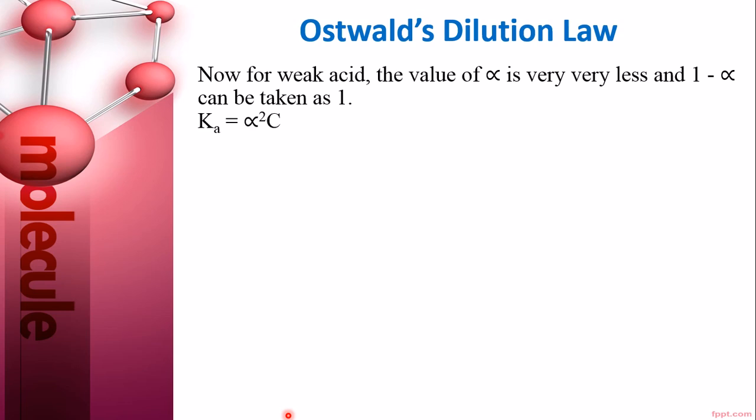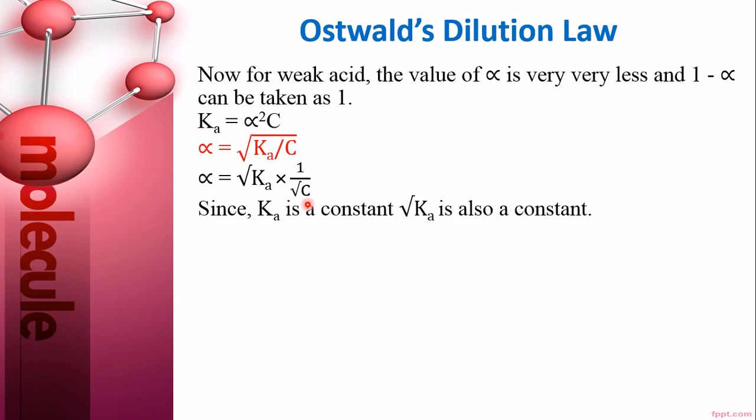So this equation we can write Ka equals alpha square C. From there we can write alpha equals root over Ka by C. Now if we separate Ka and C then we can write alpha equals root over Ka into root over 1 by C. Now you know that Ka is a constant. Then root Ka is also a constant. So we can write alpha is proportional to 1 by root C.